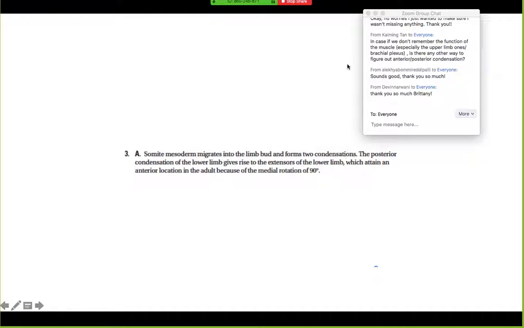But worst case scenario, it's one question. So don't kill yourself trying to go and relearn all of upper limb. I don't think he's going to be that tough on you. I think he'll probably give you one that you're more likely to know, like the triceps, extension, biceps, flexion, something like that.